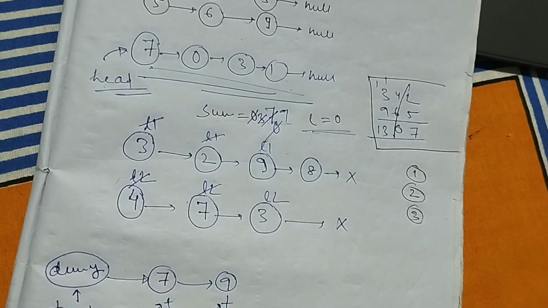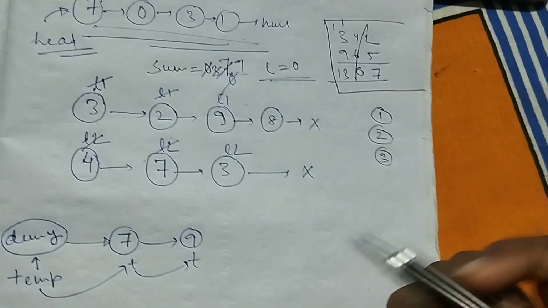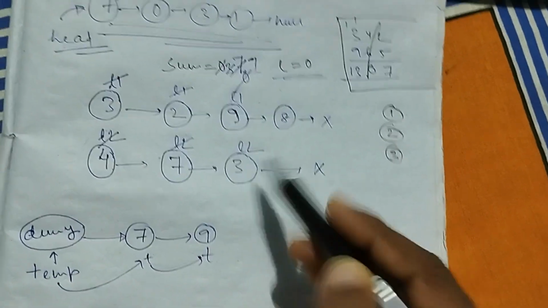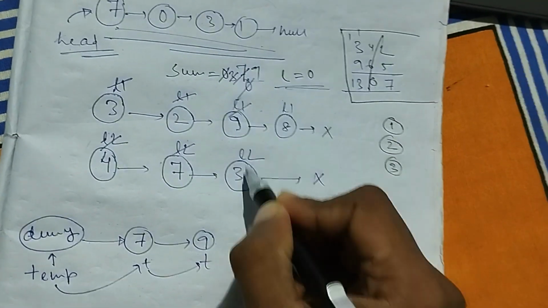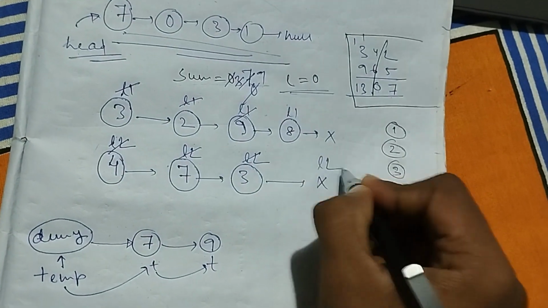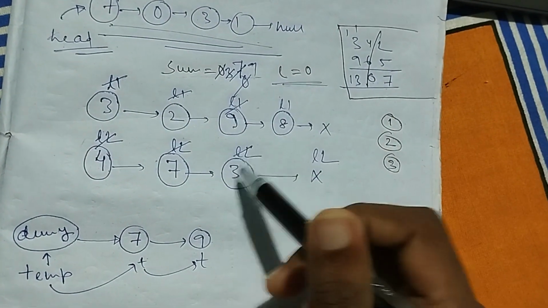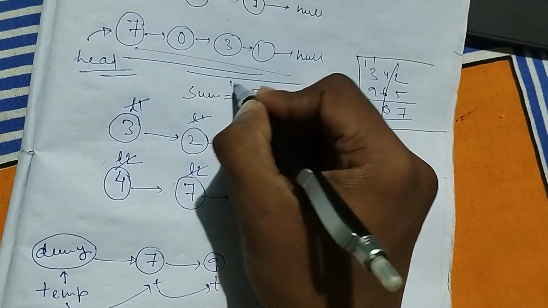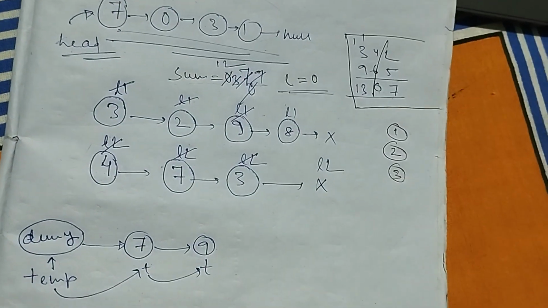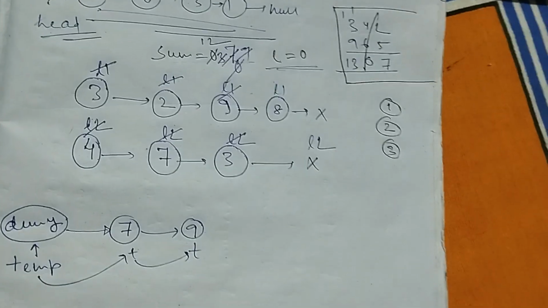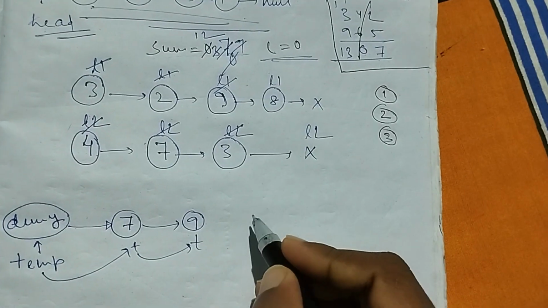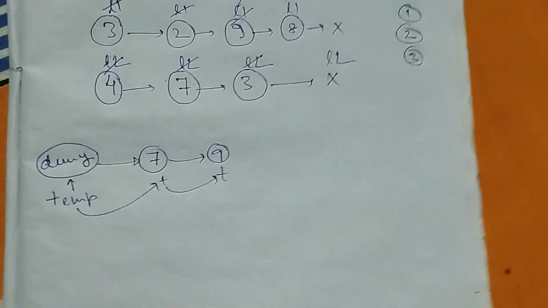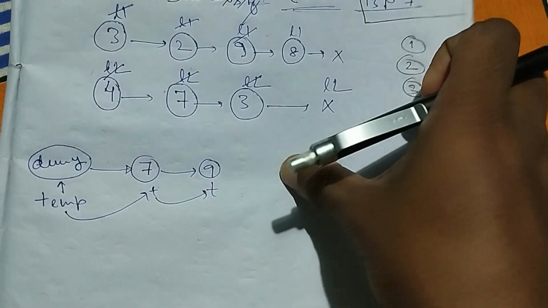Now the third iteration begins. In the third iteration, L1 points to 9, so 9 plus 3, and we also move one step ahead. So 9 and 3 make 12. Our new sum will be 12. But do you think we are going to create a new node of 12 and temp.next will point to 12?